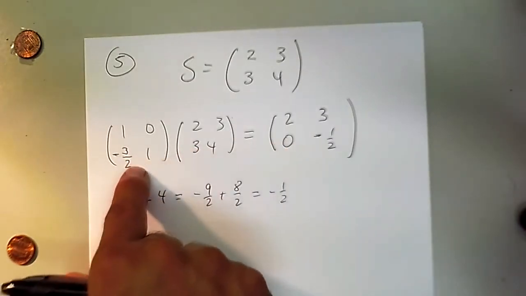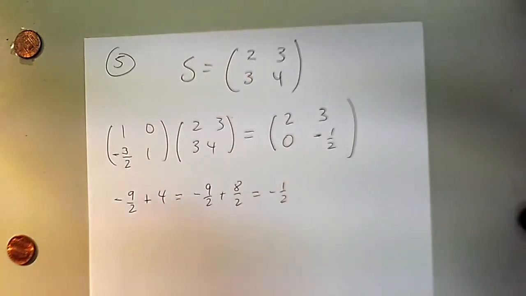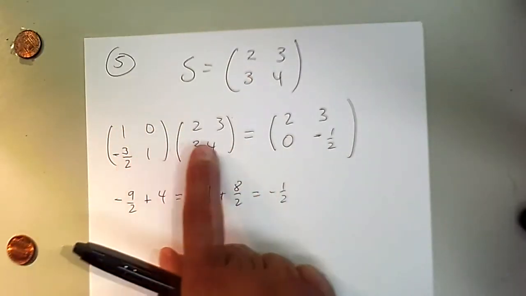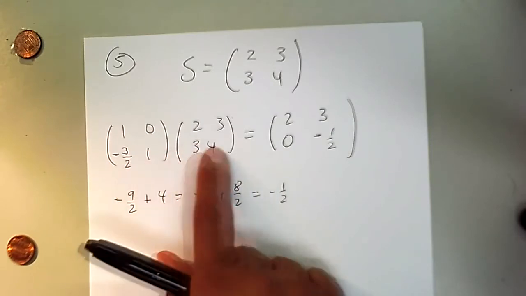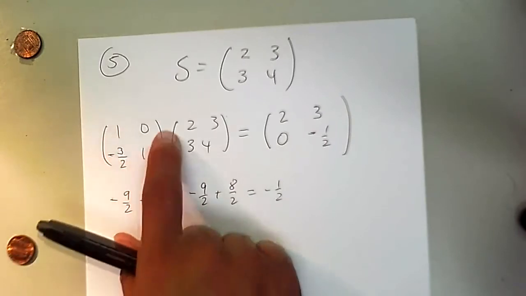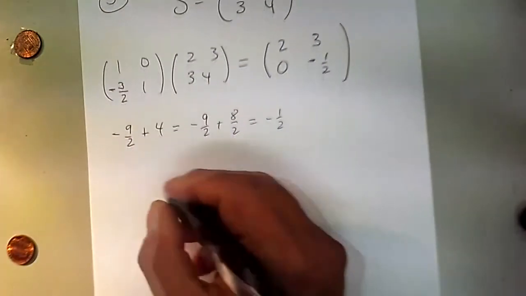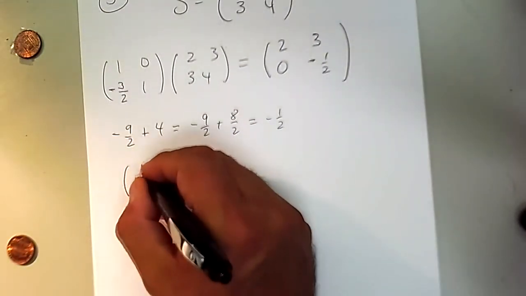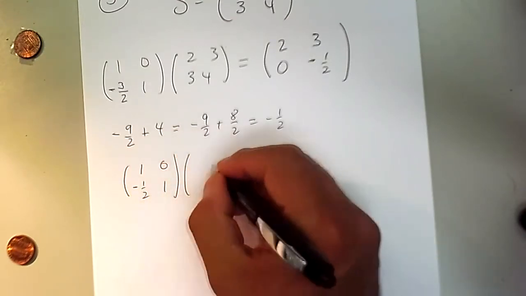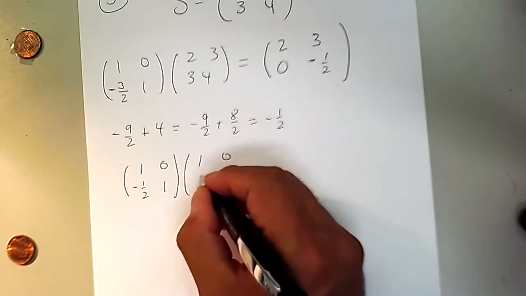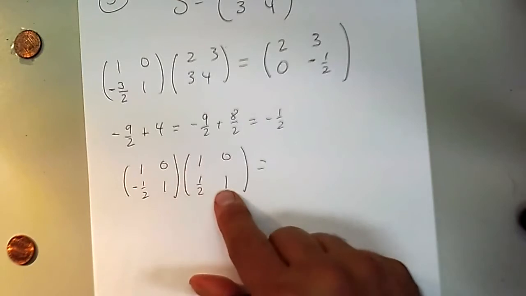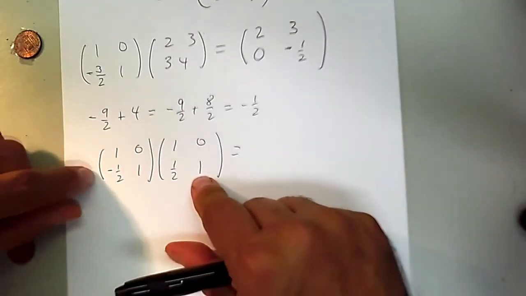So remember from the previous video, this is our elimination matrix. And because it did eliminate the 3, it caused this to show up, but that's all right. And we really want the inverse of that. And I just want to double check. What is the inverse of 1, 0, negative 1/2, 1? I claim that it is 1, 0, positive 1/2, 1, but let's double check. The only reason why I'm doing this is to double check that this is the inverse of that.